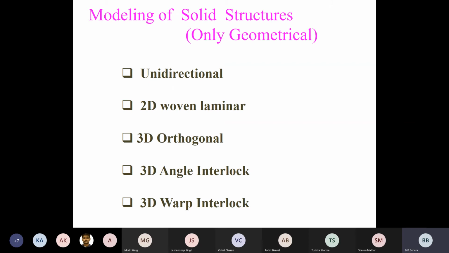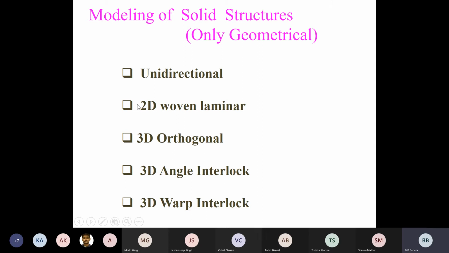So to give you a very clear-cut idea of what we want to find out, I will compare this geometrical modeling for these 5 different types of structures. One is UD, that is unidirectional fabric. We will compare it with a 2D woven fabric.